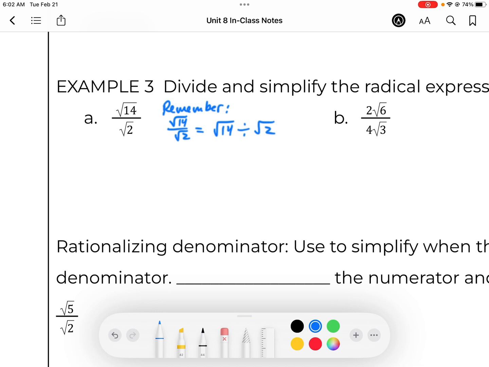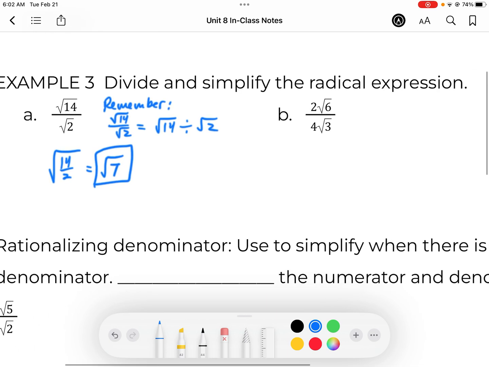So I can actually divide those because they're both radicals. So I can rewrite that as the square root of 14 all divided by 2. 14 divided by 2, I can do that. That's 7. So this is just the square root of 7. And 7 is not a perfect square, nor can it be divided by any perfect squares. 7 is a prime number. It can only be divided by 1 and itself. So this is your final answer, the square root of 7.